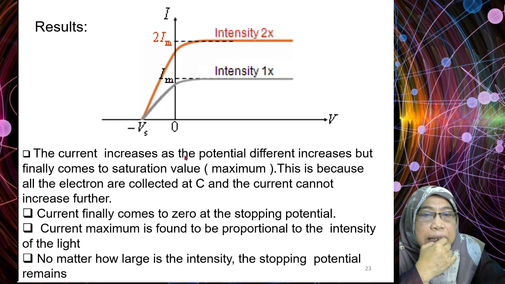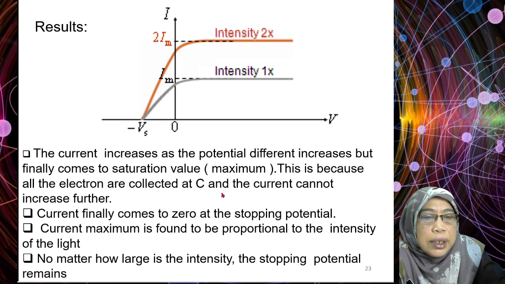The current increases as the potential difference increases, but finally comes to a maximum value. This is because all the electrons are collected at the collector and the current cannot increase further. You have the graph of current against voltage, and it comes to the maximum current. When you raise the intensity, the maximum current becomes higher also.